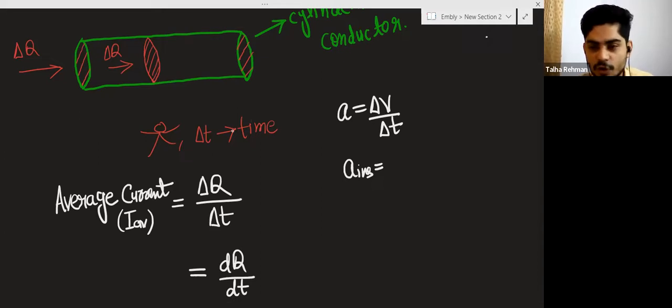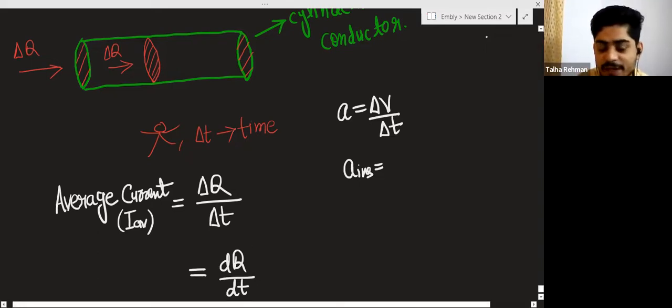It is not equal to zero, but approaching zero. In that small amount of time, which we represent with dt, the charge flow will also be very small.